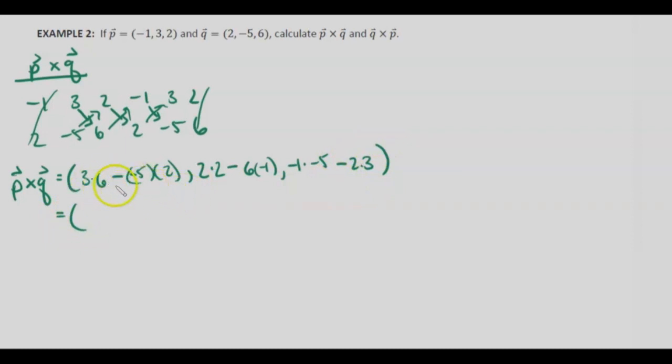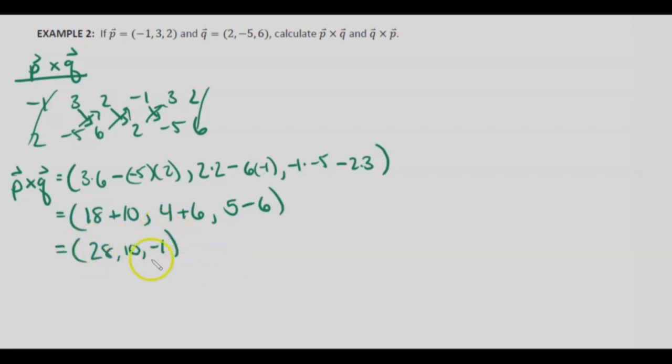Okay, let's simplify this. 3 times 6 is 18, minus -5 times 2 is -10, so it's plus 10. 2 times 2 is 4, minus 6 times -1 is positive 6. And -1 times -5 is 5, minus 2 times 3 is 6. So we get the vector 28, 10, -1 as being perpendicular to both P and Q.